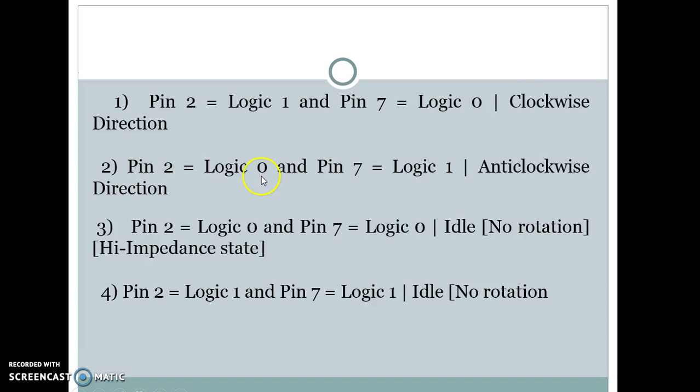If pin 2 equals logic 0 and pin 7 equals logic 1, then the motor rotates in anti-clockwise direction. If both pins have the same value, 0 or 1, then the motor goes into idle condition, so there is no rotation.